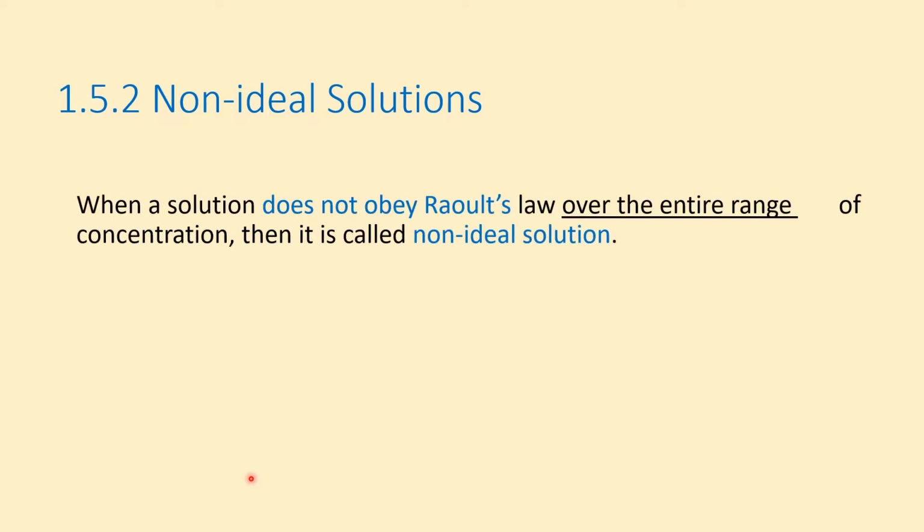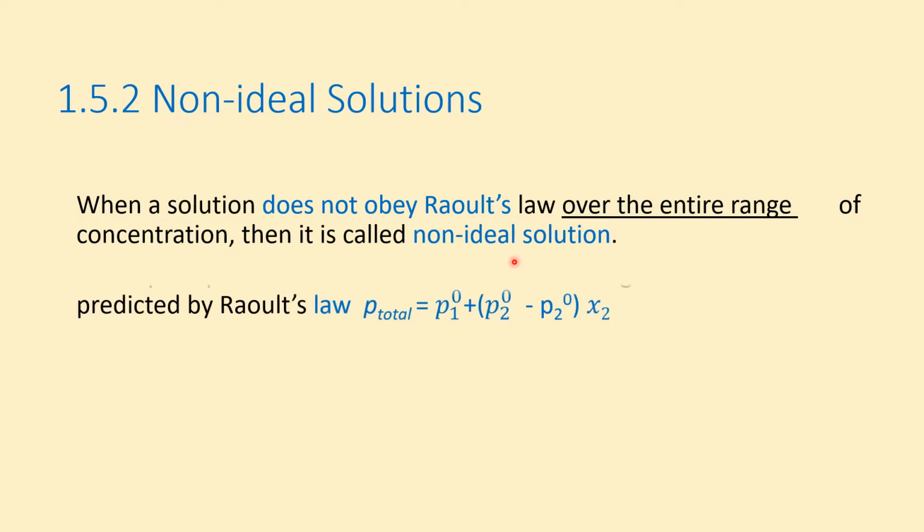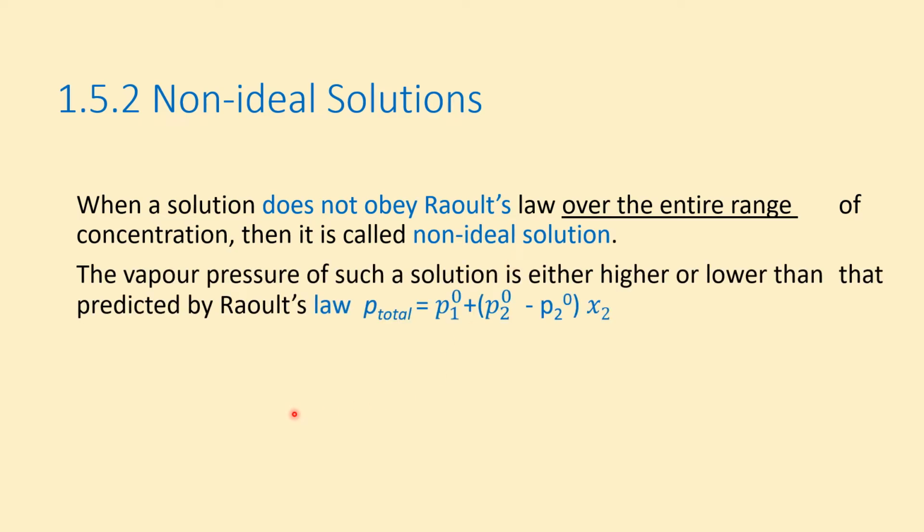Non-ideal solutions. When a solution does not obey Raoult's law over the entire range of concentration, then it is called a non-ideal solution. The vapor pressure of such a solution is either higher or lower than that predicted by Raoult's law.